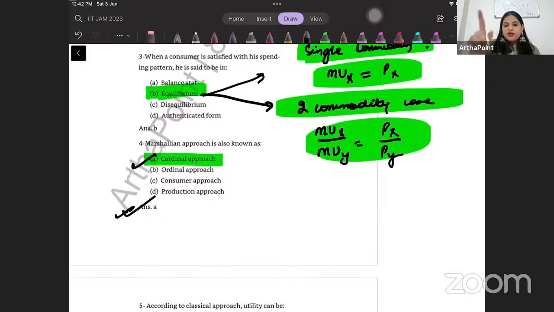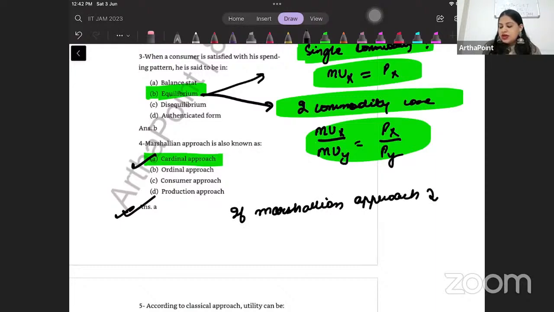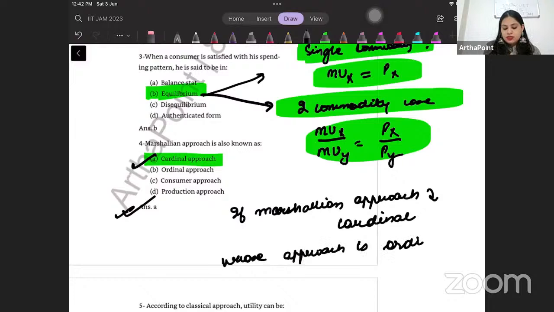If I'm giving you a question, tell me if Marshallian approach is cardinal. अगर Marshallian ने cardinal approach दी है, then whose approach is ordinal? बेटा अगर Marshallian की approach cardinal है, तो मैं किस इकोनॉमिस्ट को ऑर्डिनल अप्रोच से लिंक कर सकती हूं?